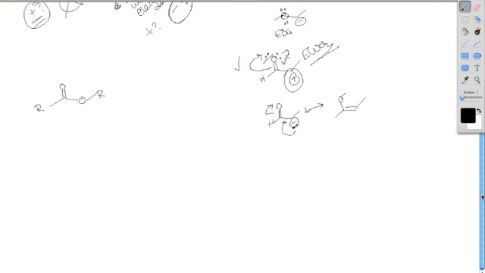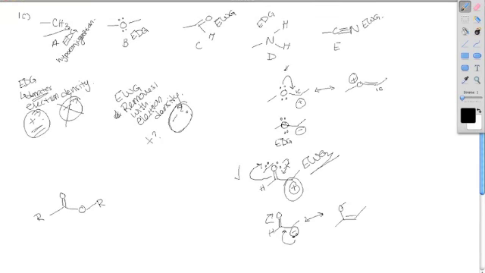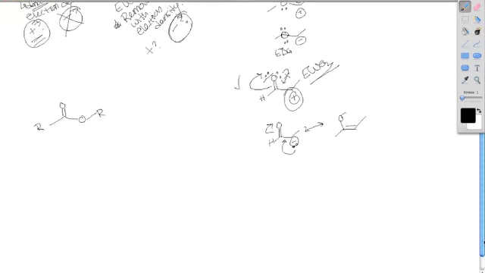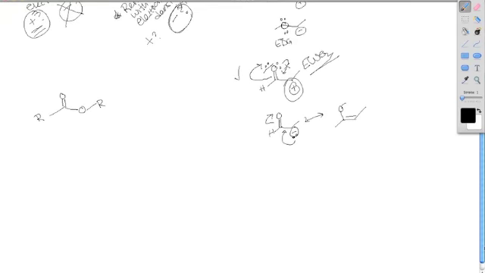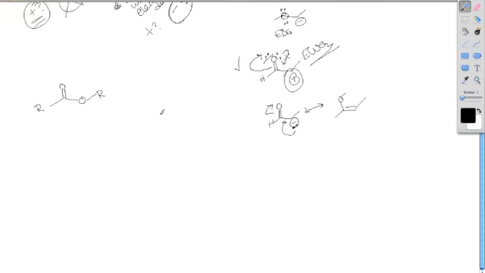Because as you recall above, we said that the carbonyl is an electron withdrawing group and the ether is an electron donating group. Technically, an ester is a combination of both the carbonyl as the electron withdrawing group and the ether as the electron donating group. So which one do you think you need to follow through? Well, this is something that's a little bit tricky, but once you understand it, you're going to be all right.